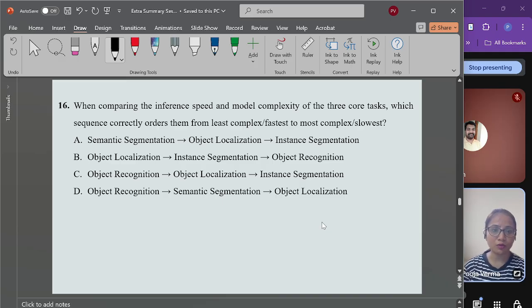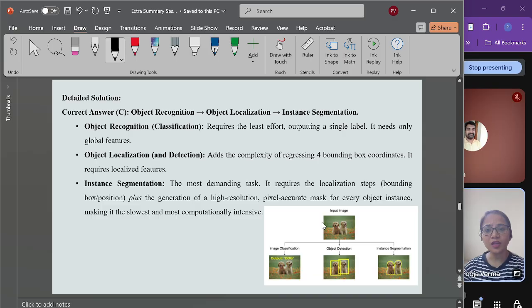This is the most complex and the slowest in terms of inference speed and model complexity, right? So the correct answer is C: object recognition, then localization, then instance segmentation.